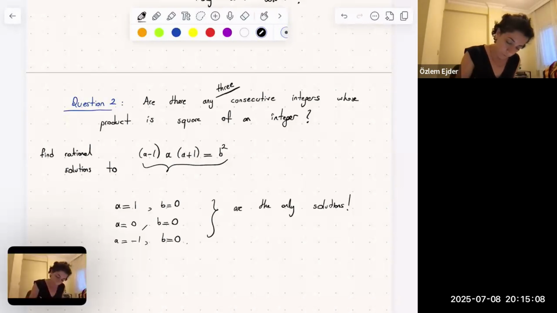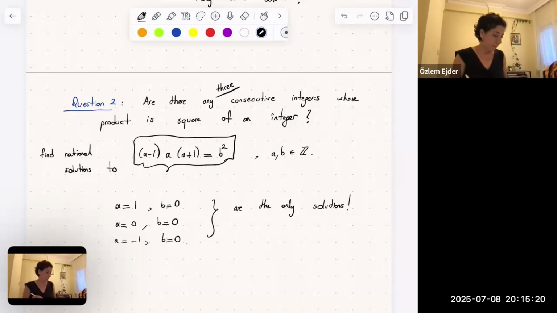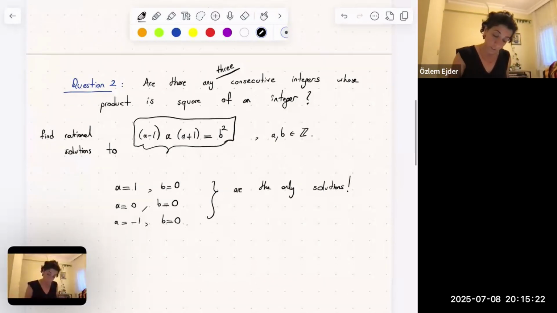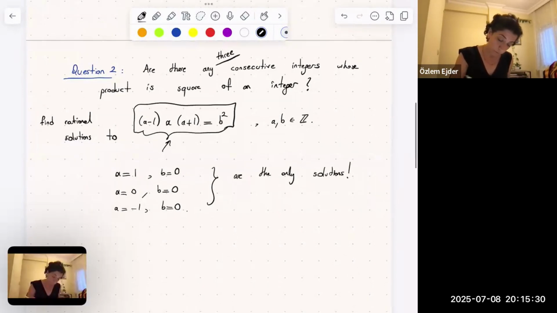Okay, so again, we had this polynomial equation, and we were just looking for a and b satisfying this equation such that they are integers. Now, in this problem, again, I have an equation defined by some polynomials. I could also think of it as the following.